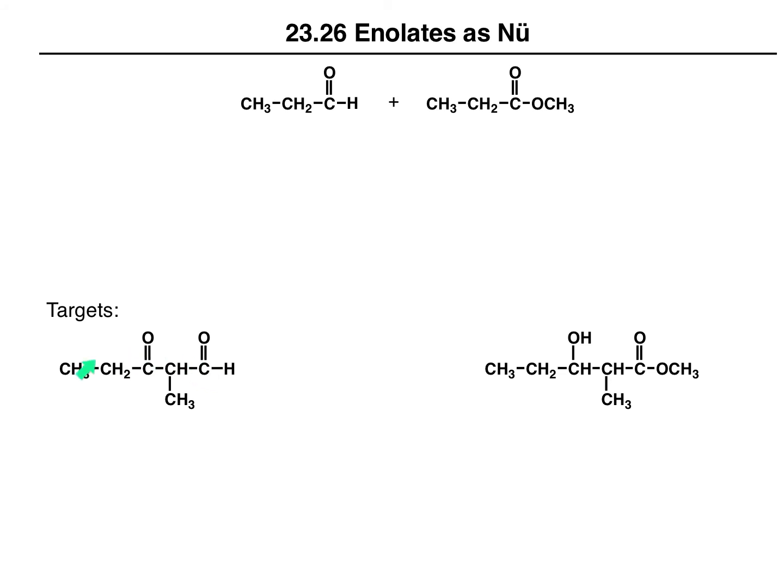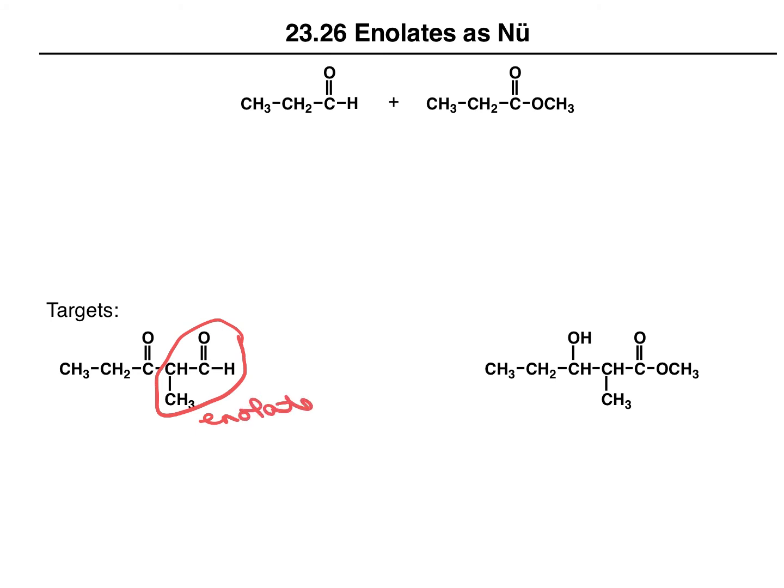If we're looking over here, well, this could be what came from the ester that got attacked, and then this would be the piece that was the enolate that did the attacking. So this was the enolate.